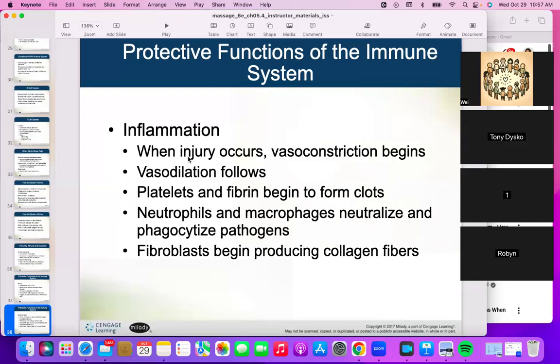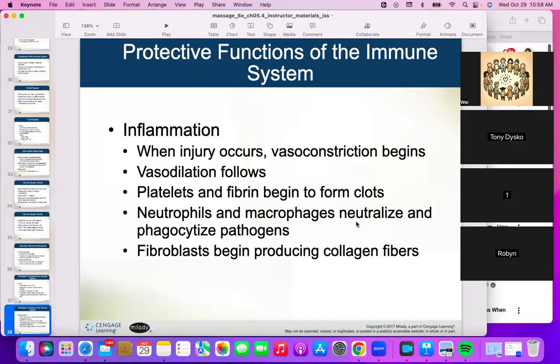Okay, so the protective function of the immune system is inflammation. Inflammation comes in when an injury happens. Vasoconstriction begins and vasodilation follows. So constriction of the blood flow first, and then dilation after. Platelets and fibrin begin to form clots to heal the wounds.